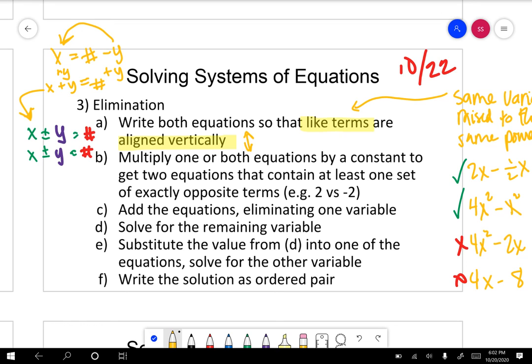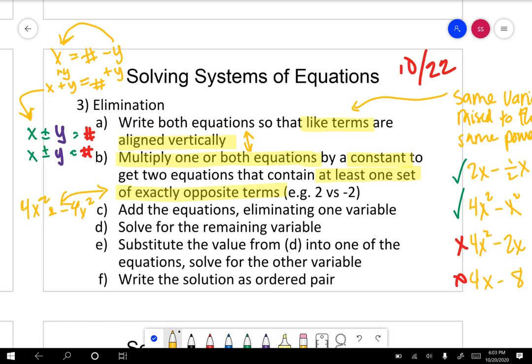Okay, the next step is to multiply one or both equations by a constant to get two equations that contain at least one set of exactly opposite terms. What I mean by exactly opposite terms is something like 2 versus -2. You could have 4x squared and negative 4x squared.